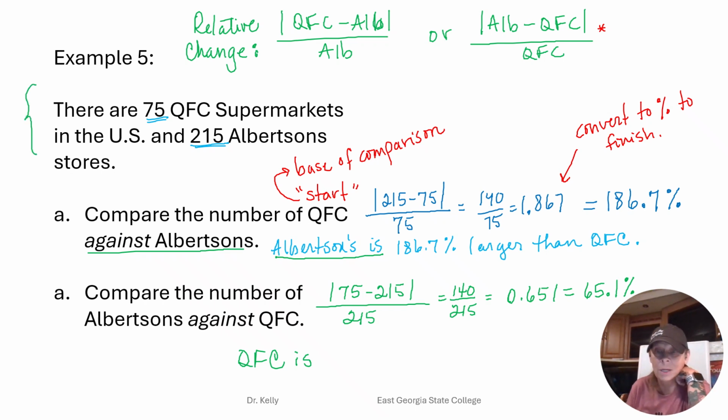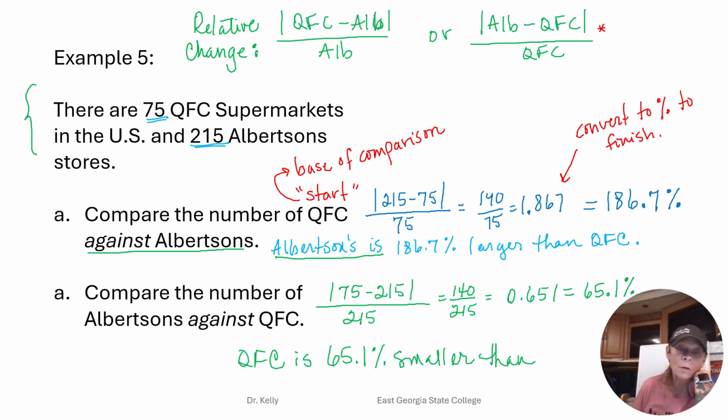Well, the only thing we can really say is it has less stores. So KFC is 65.1% smaller as far as number of stores in the U.S., smaller than Albertsons. Okay, awesome. All right, let's go to our next slide.